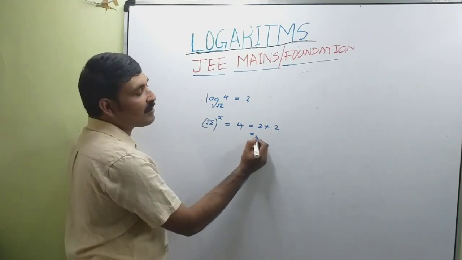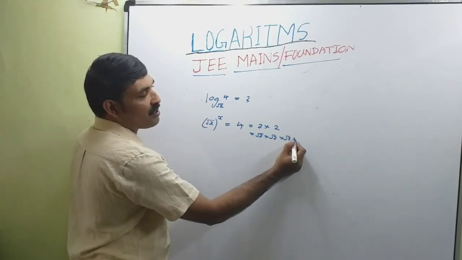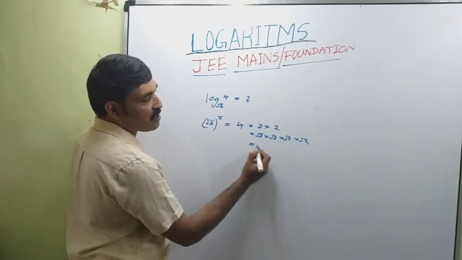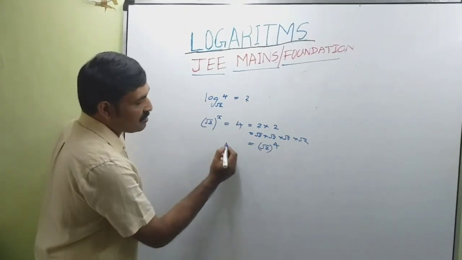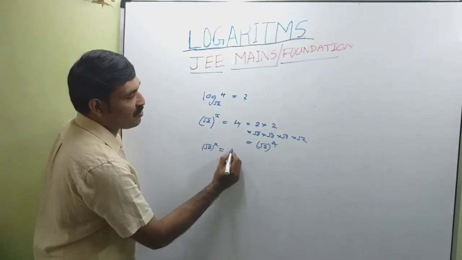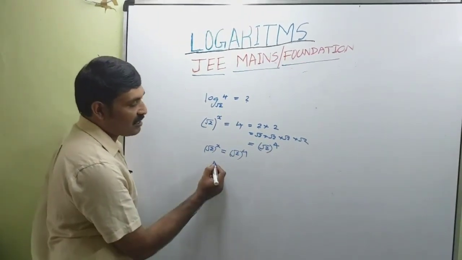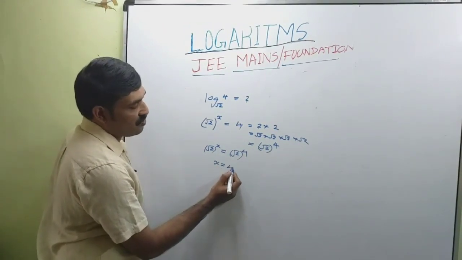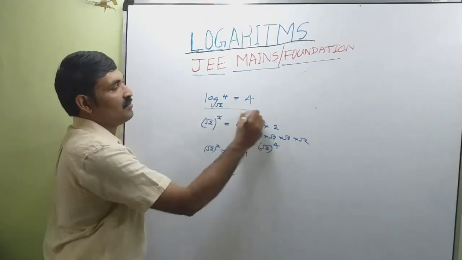Again 2 can be written as root 2 into root 2. So this is equal to root 2 raised to 4. That means root 2 raised to x is equal to root 2 raised to 4. Comparing the powers, x is equal to 4. So the answer for this question is 4.